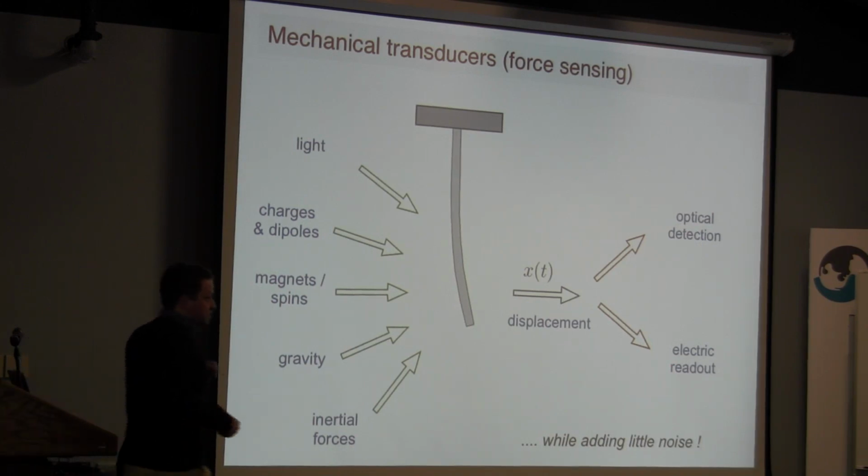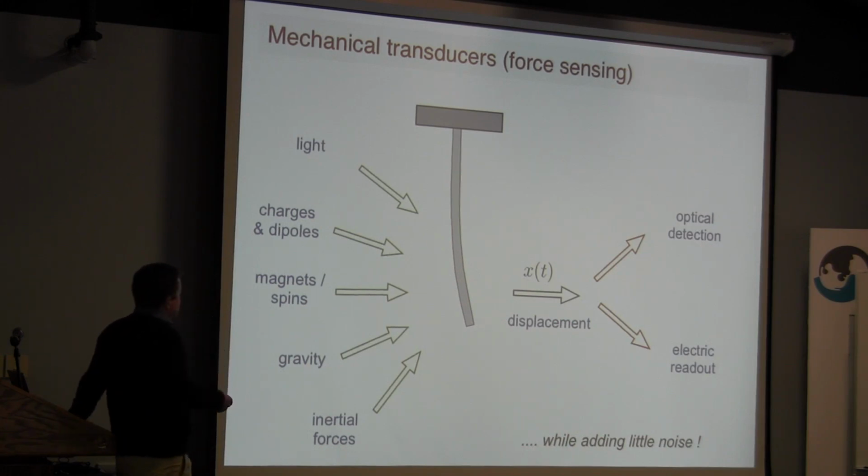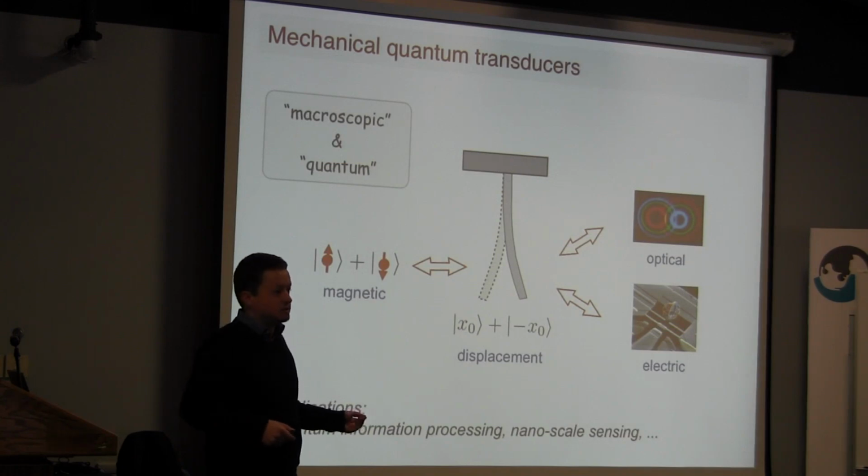So what people have done over 20, 30 years is optimize this structure to achieve this process, make it very efficient, converting these forces into displacement and electrical signals, and at the same time doing this while adding little noise. Okay? So now, of course, the same principle will apply once we have these oscillators in the quantum regime.